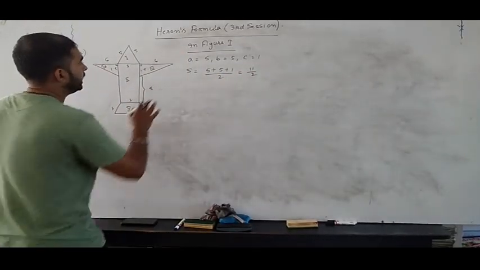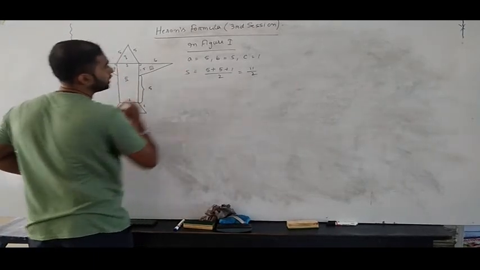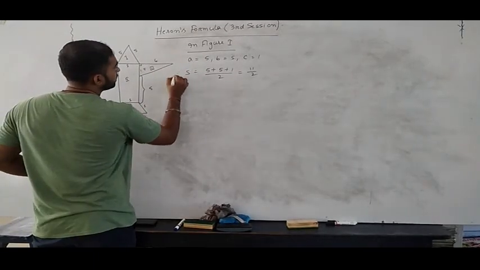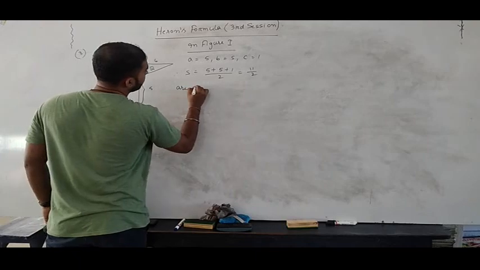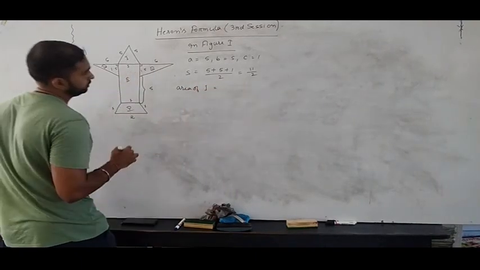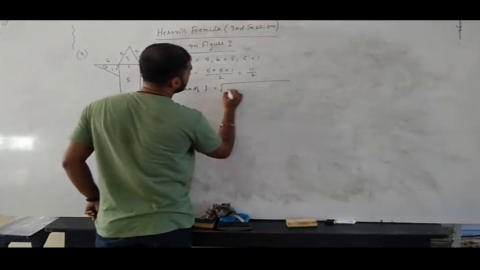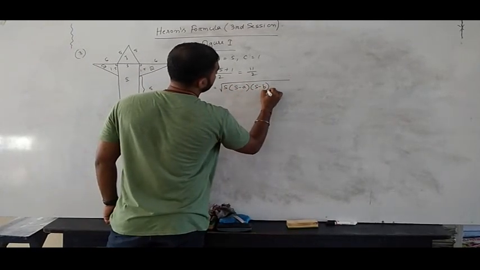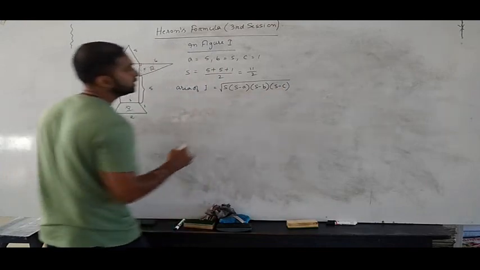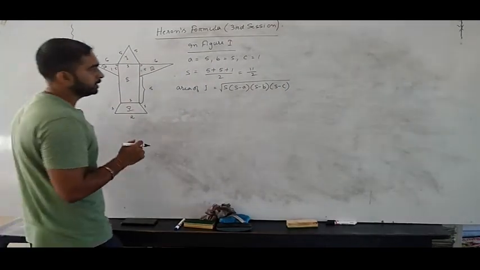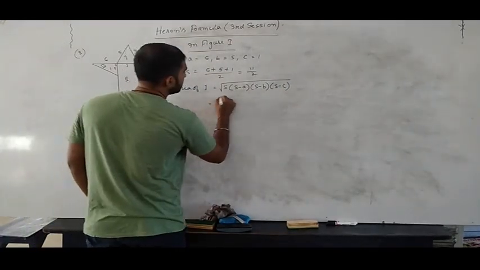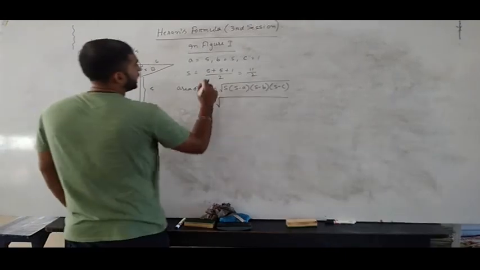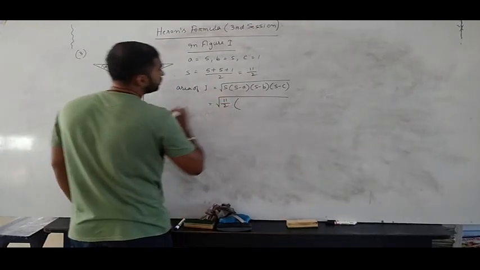So this is S of the first part. Therefore area of 1 equal under root S(S minus A)(S minus B)(S minus C). Now S equal to 11 by 2.